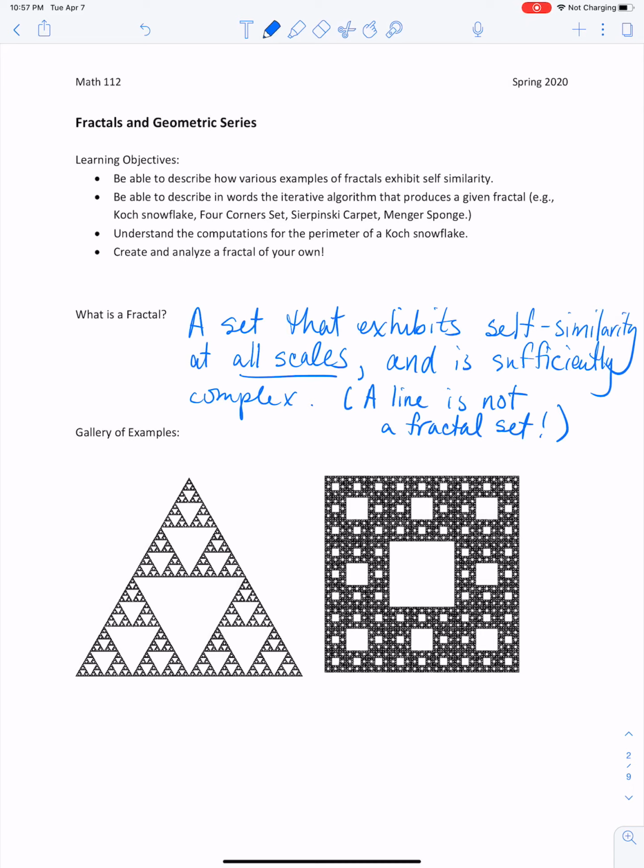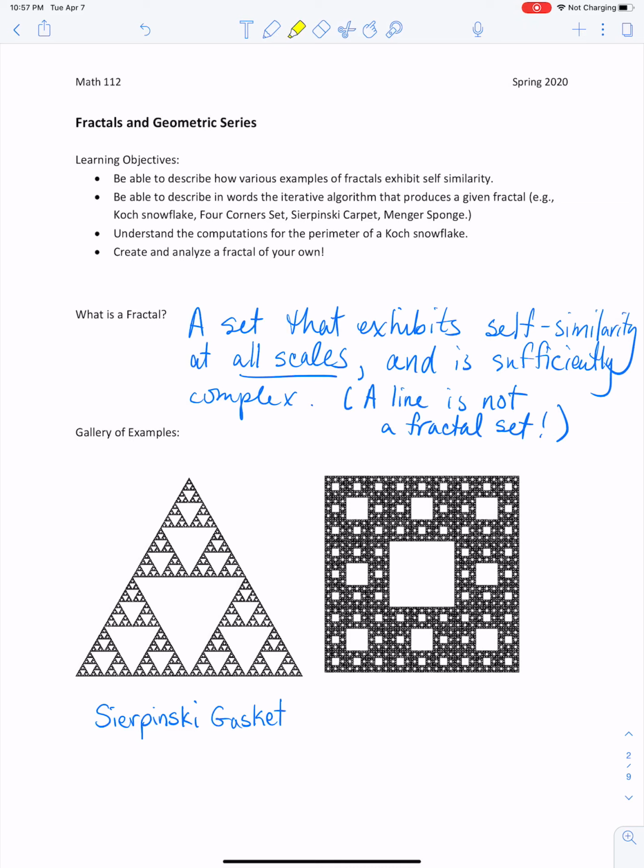So I have a gallery of examples in the next couple of pages, and we'll go through and talk about these, and I'll highlight some of the self-similarities you'll be able to see. This first set here is what's called the Sierpinski gasket. You can see the self-similarity here.